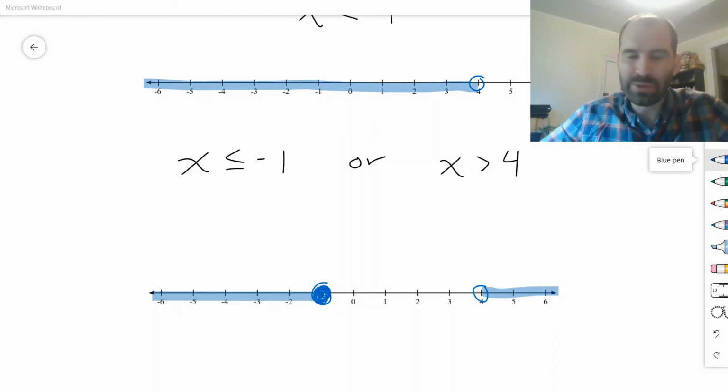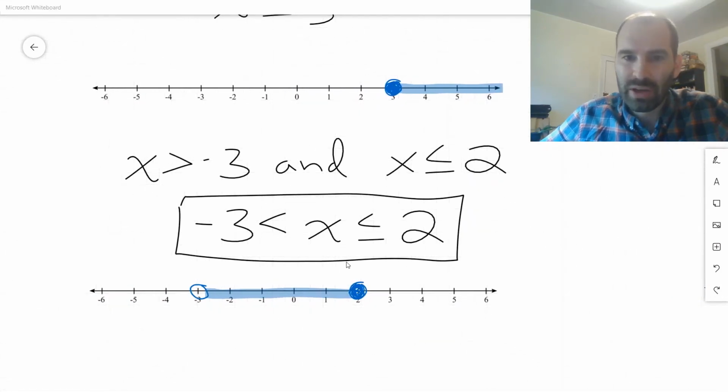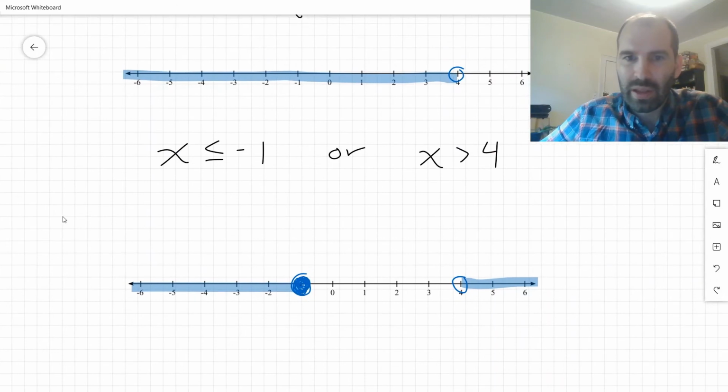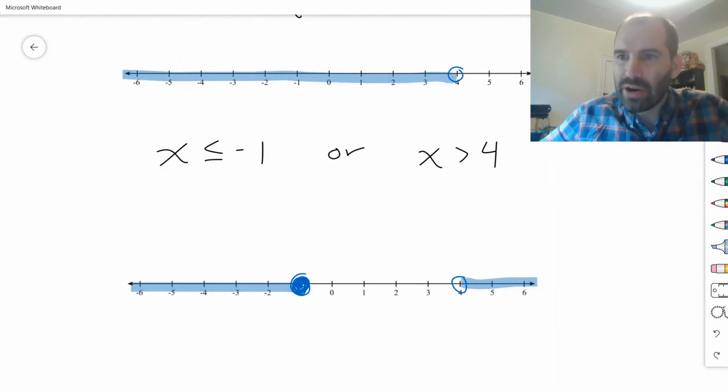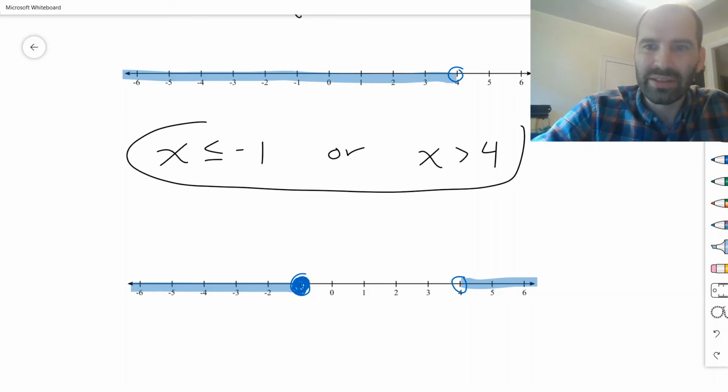And notice the difference in the pictures. In this picture, we have it going apart, whereas in this picture, we have just one interval. The two inequalities are kind of overlapping together, right? So the question is, is there a fancier way to write this one? And the answer is no, right? There's no fancier way to write this. So this is the final answer.